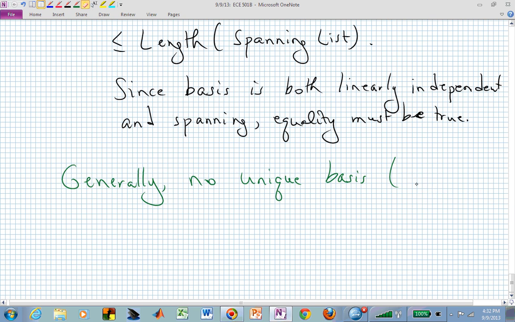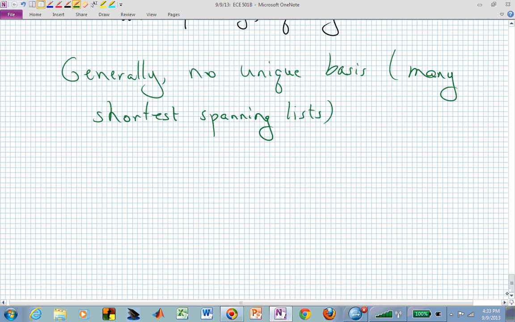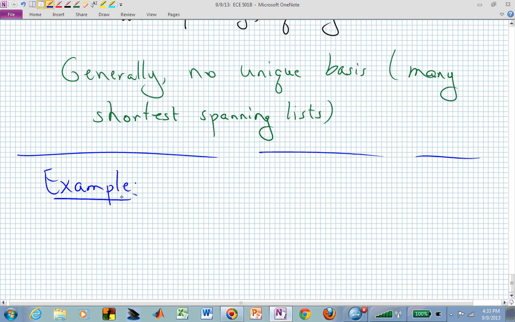Or maybe what I should say is there are many shortest spanning lists. Let's look at some examples, and maybe this will start to make it a little bit more concrete.